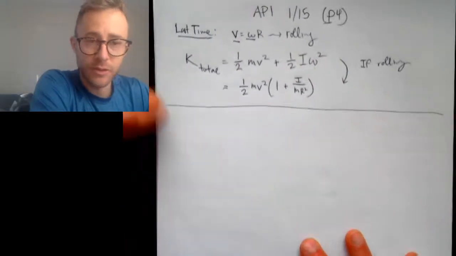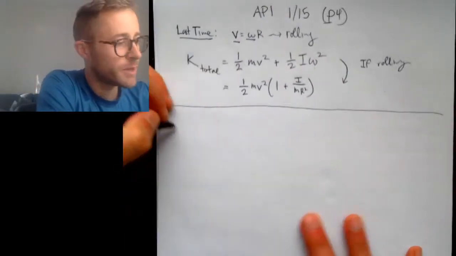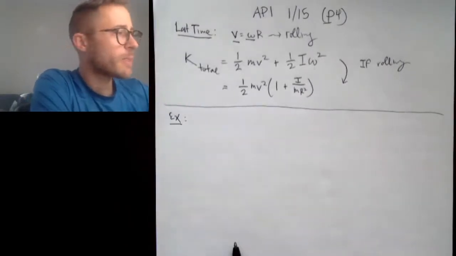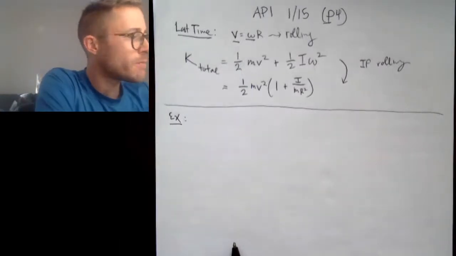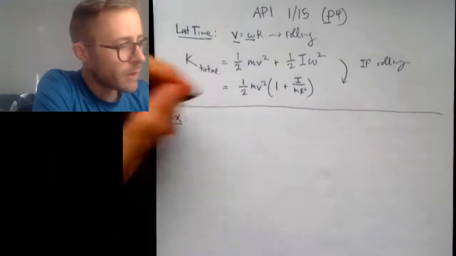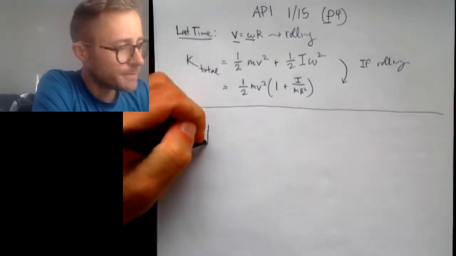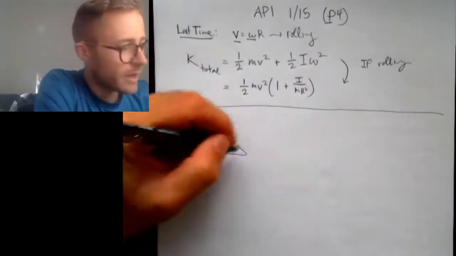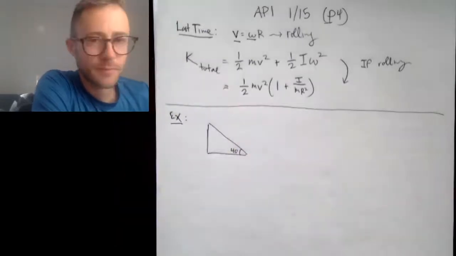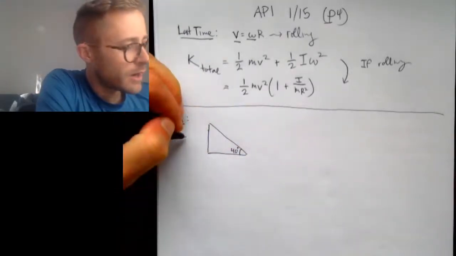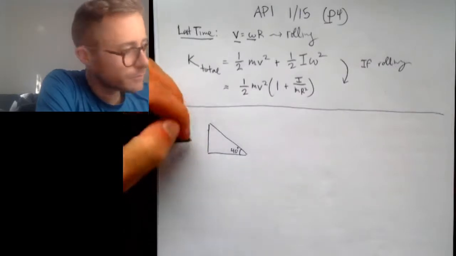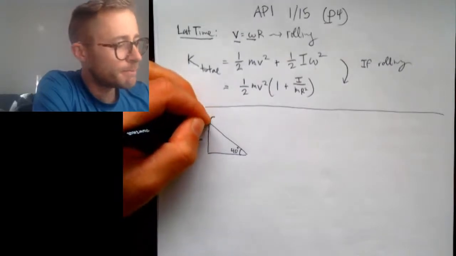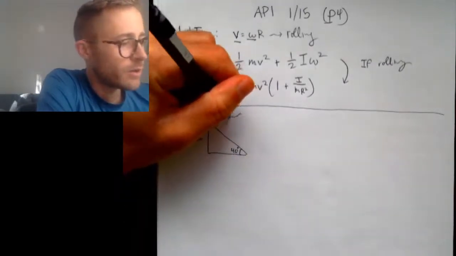Let's do another example of a conservation of energy problem. Today is mostly just going to be examples. Let's say we have a hill, and the hill has an angle of 40 degrees, and it has a height of, let's say, 22 meters. All right, and we have a hoop.